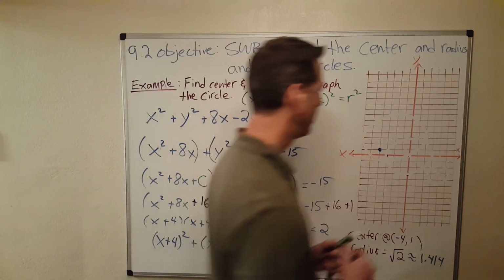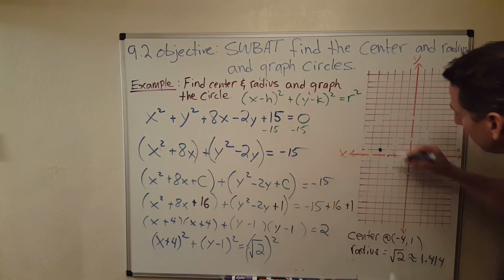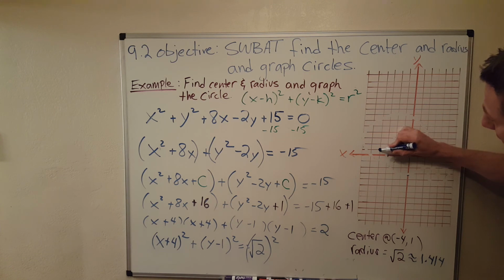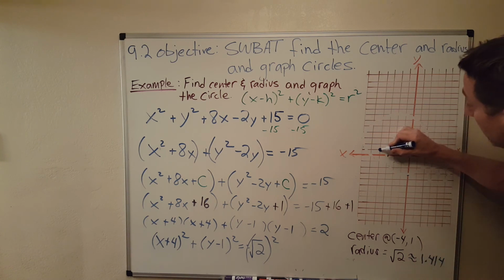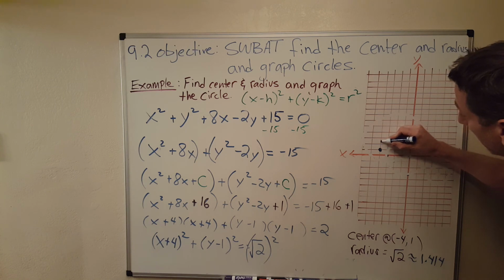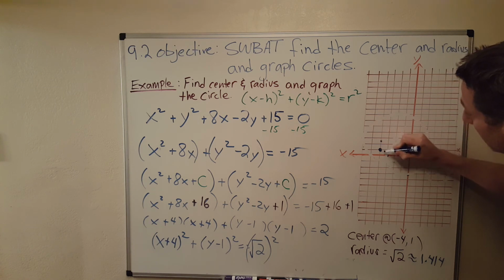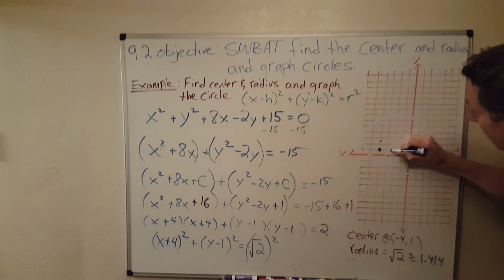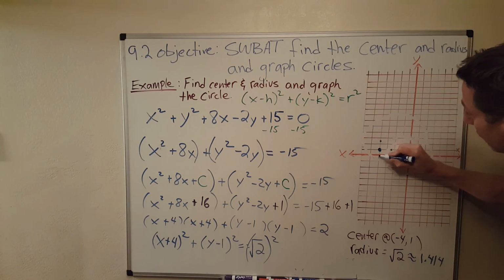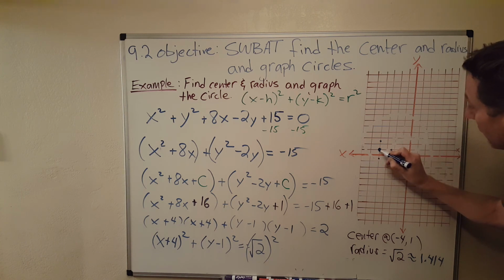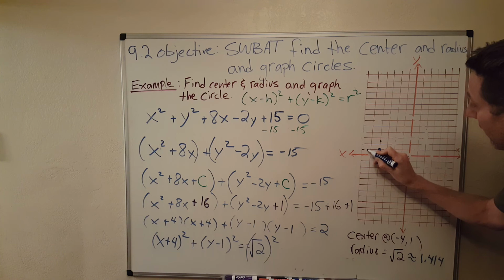All right, so if I'm going to graph this from my center, I got to move in all directions. I got to move out 1.5. So there's 1, and there's a half. There's 1, there's a half. There's 1, and there's a half.